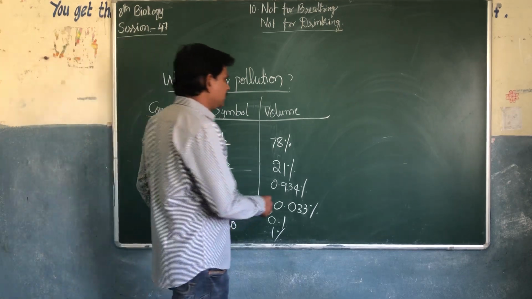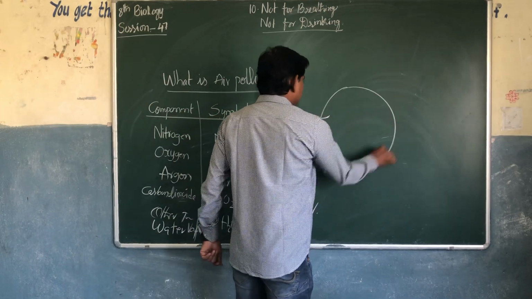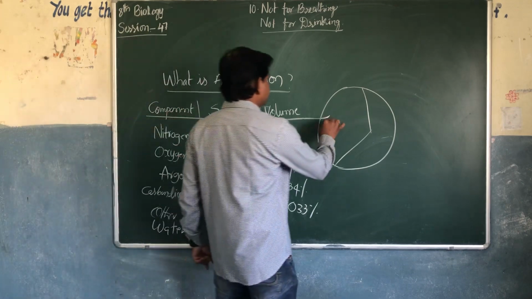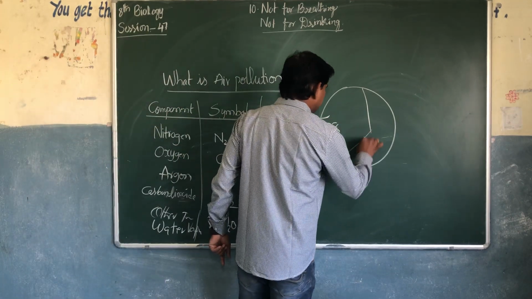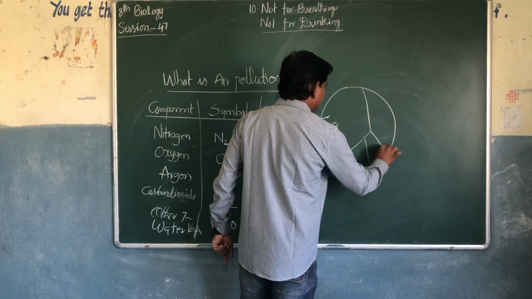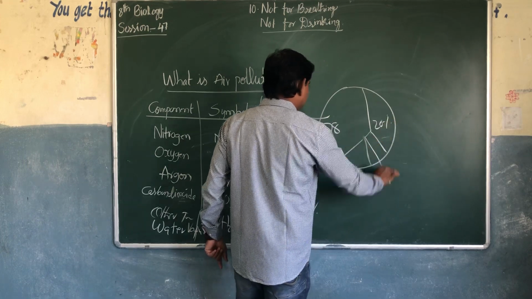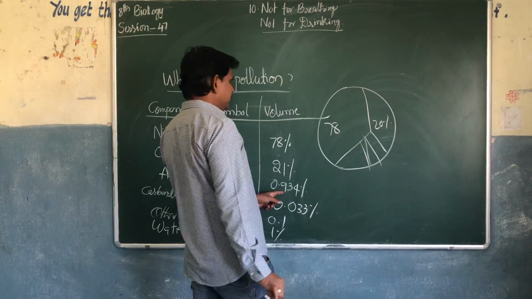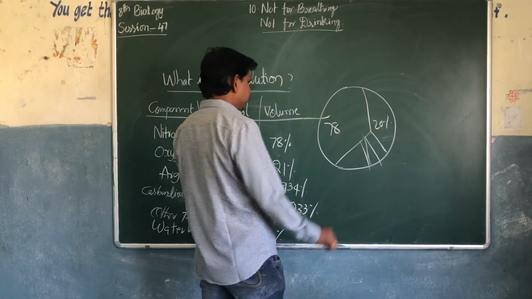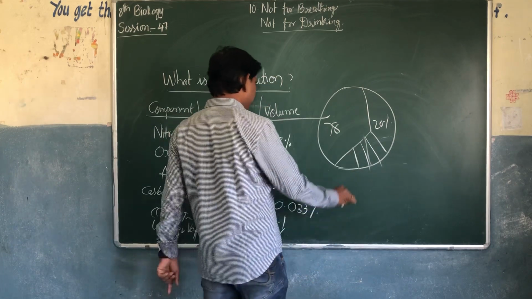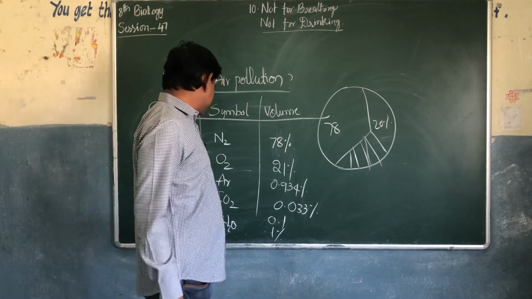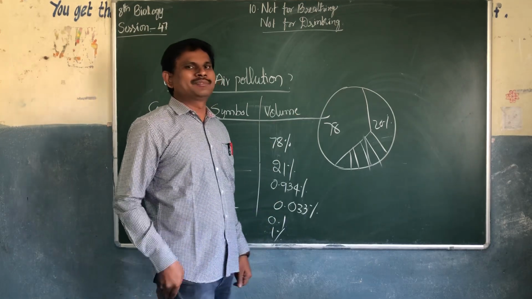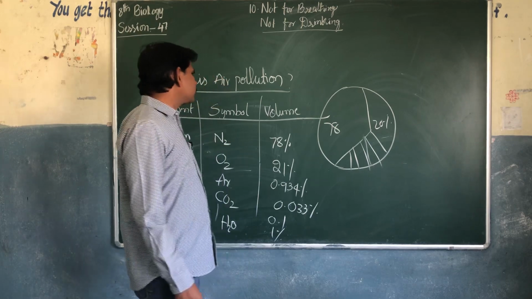If you draw a diagram with pictures: 78% nitrogen, 21% oxygen, 0.94% argon, 0.03% carbon dioxide, 0.1% other gases, and 1% water vapor. So this is the pie diagram of air.